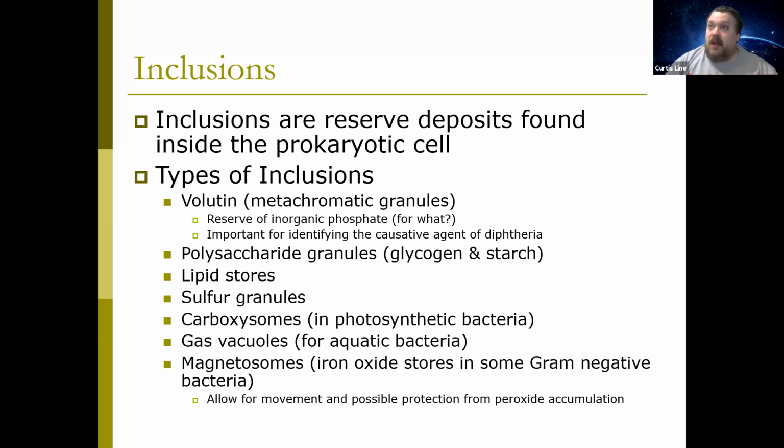So bacteria require much, much less glucose because they don't need as much ATP. They're not nearly as complex. But just like us, bacteria like to eat, and they like to eat things that are carbohydrate.